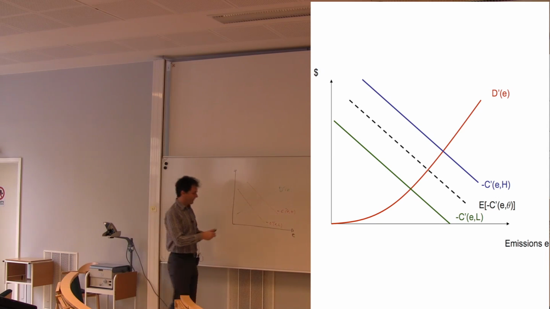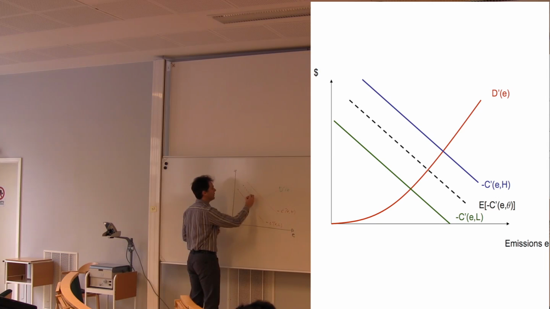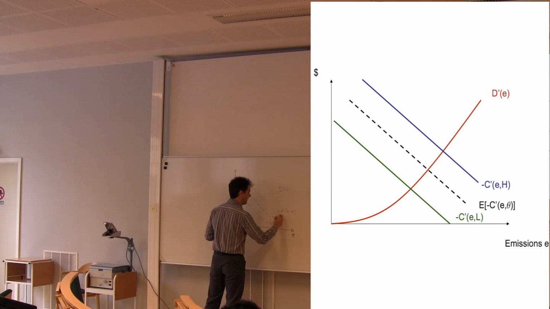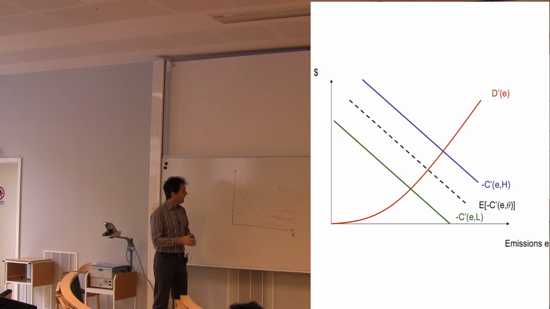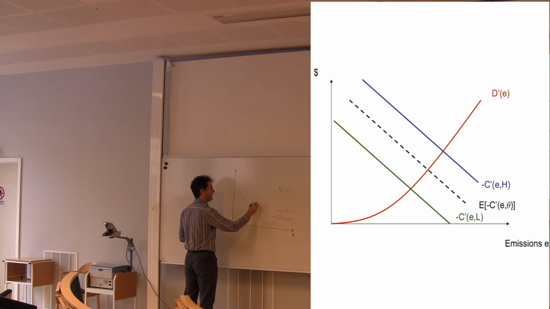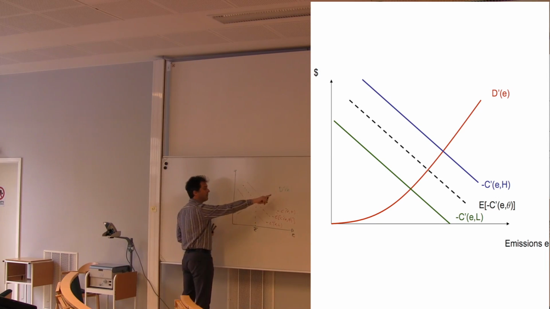And now you can get the average. The average is in between, and depending on the mu and 1 minus mu, it's closer to the high cost or low cost. So this is the average marginal abatement cost. So this first condition tells you that you should cap emission at the level where the marginal damage crosses the average marginal abatement cost.